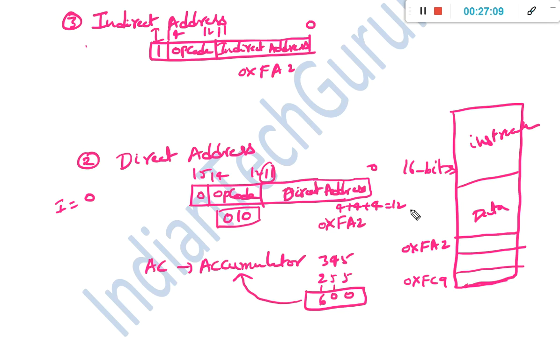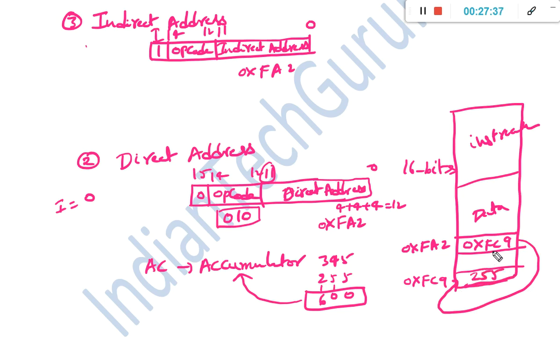This particular 0xFA2 will contain, instead of the operand, one more address location. For example, 0xFC9. And now we are going to fetch the data from 0xF39, which may contain the data 255.